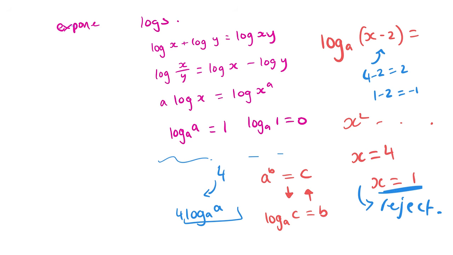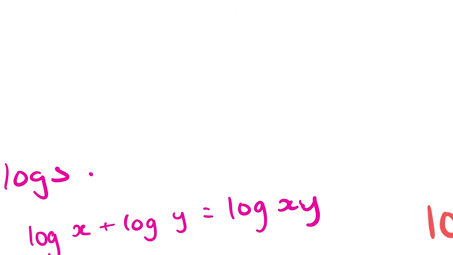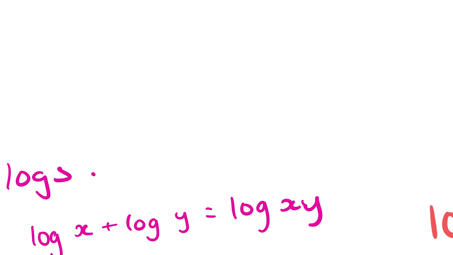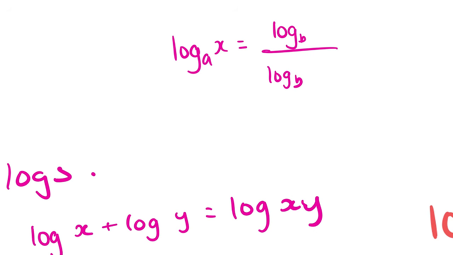Some laws that we forget because we do use our calculators, but just so you know, if you want to change the base, now with a lot of the calculators we use, we don't need to change the base because we can add our base. However, if you wanted to do this, whatever base you wanted, b for example, remember that goes in the denominator and then what you're left with goes on the numerator.